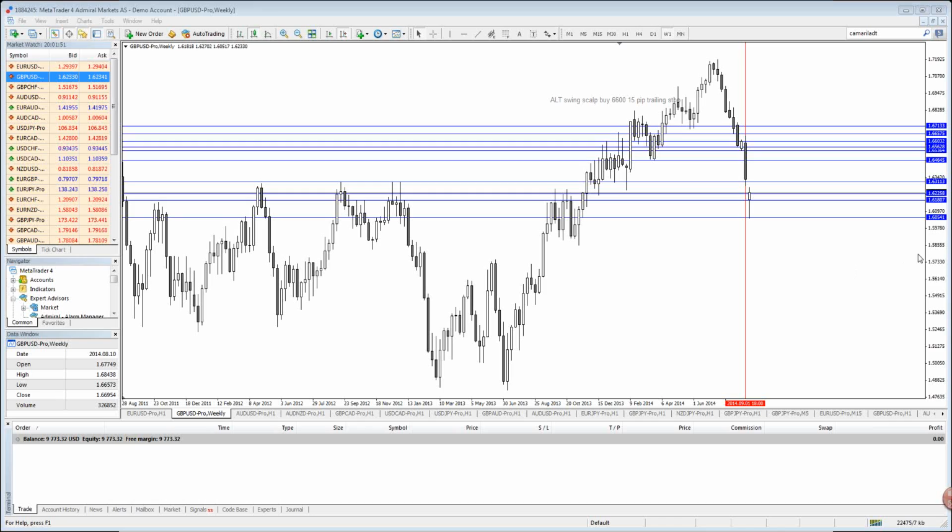So guys, if you are looking at this chart, you can easily see the price action here. Look at the price.